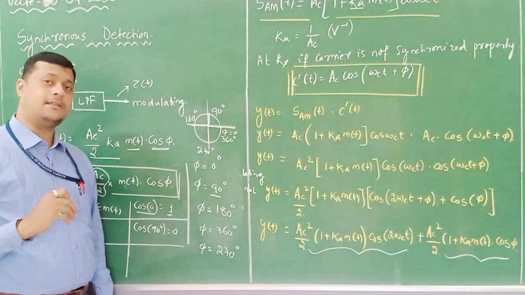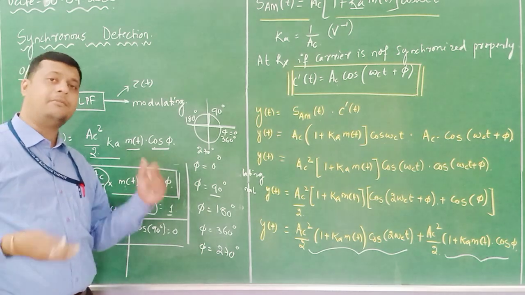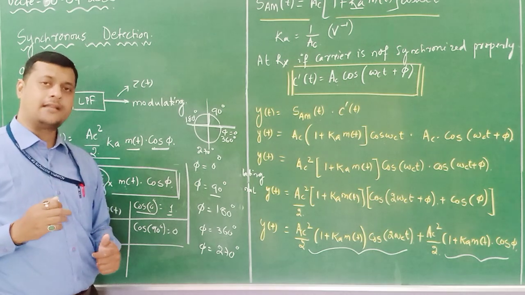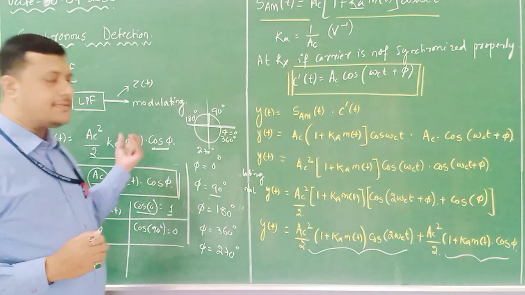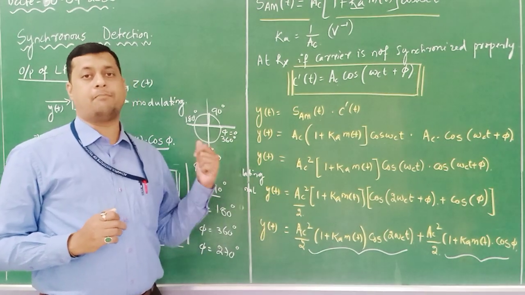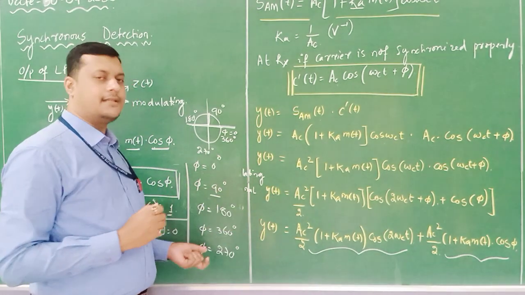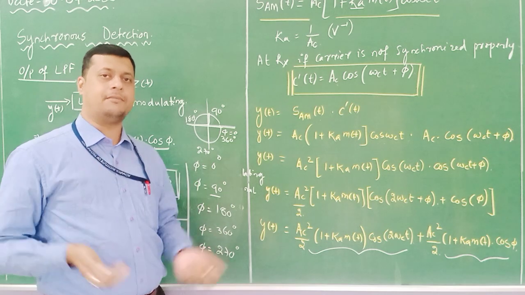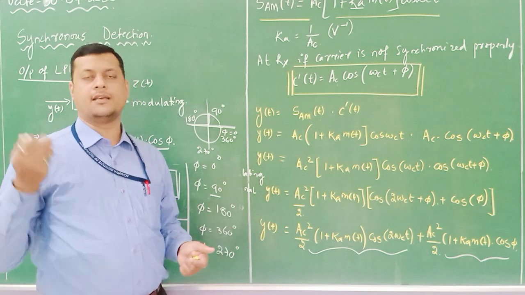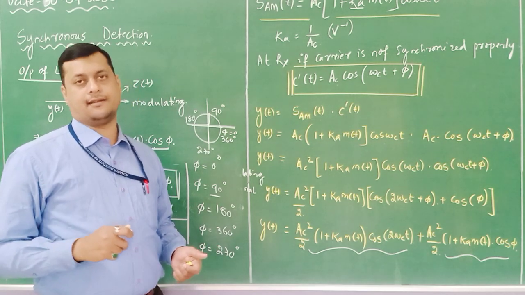Because at the reception side the phase may not be the same. It is very difficult to synchronize. In the previous class I discussed that designing a synchronous detector is a very tedious job. It is complex to synchronize the phase as well as the frequency of the transmitted signal's carrier frequency.